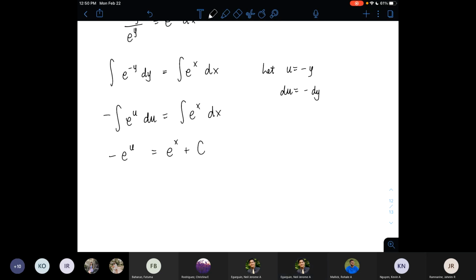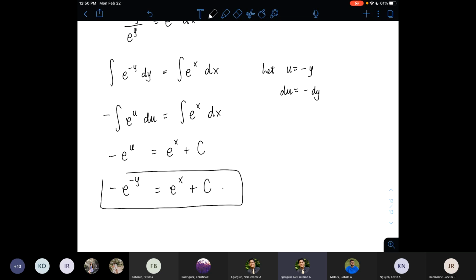Okay. And then I'll revert to the original variable. I'll have negative e to the negative y equals e to the x plus the arbitrary constant c. Now, I guess this is an acceptable final solution because all the derivatives and integrals are gone, though we did not write the function y explicitly in terms of x.